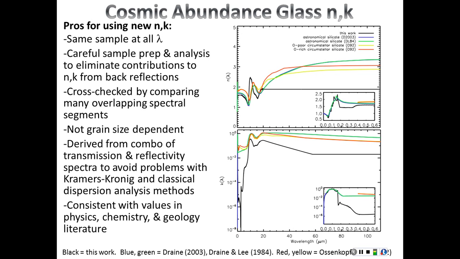It's not an issue. Especially since they use a similar method, they do basically melting and a splat quench, which is what we do. They don't do exactly the same composition, so they're not exactly the same. But compared to their enstatite, for instance, it's very similar. But they only go down to 2 microns, so we can't compare at that end. And that's again one of the motivations for us doing this, to produce real data all the way down.